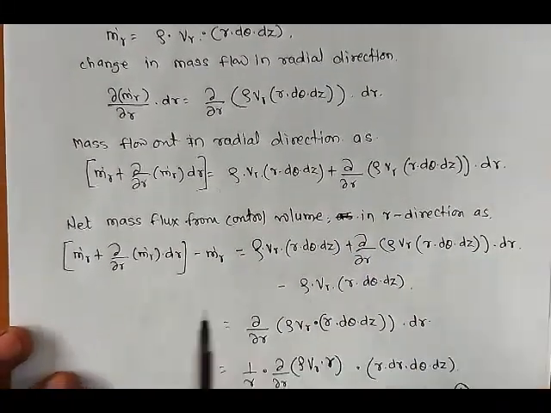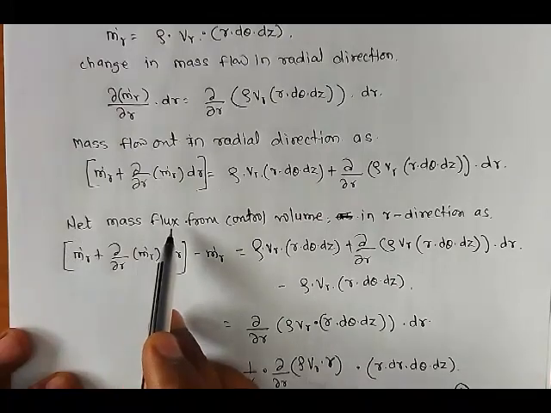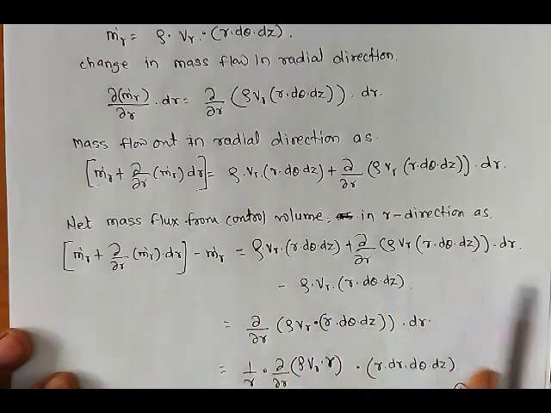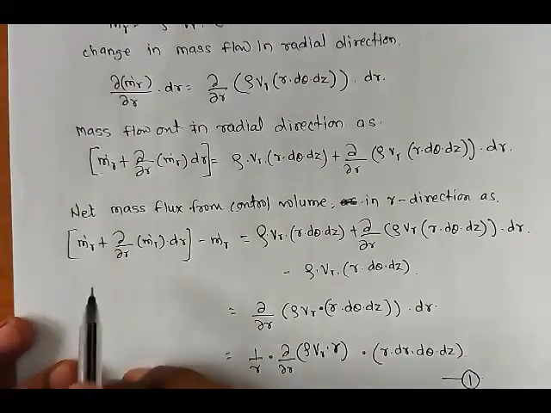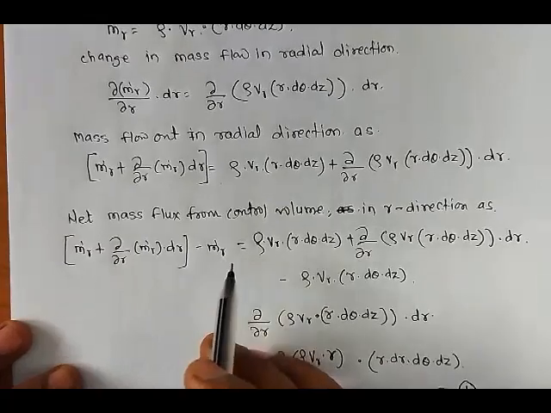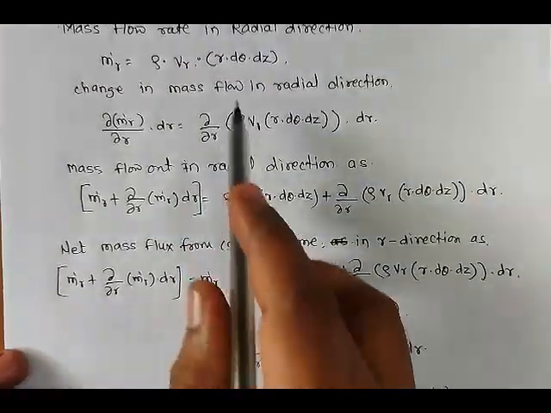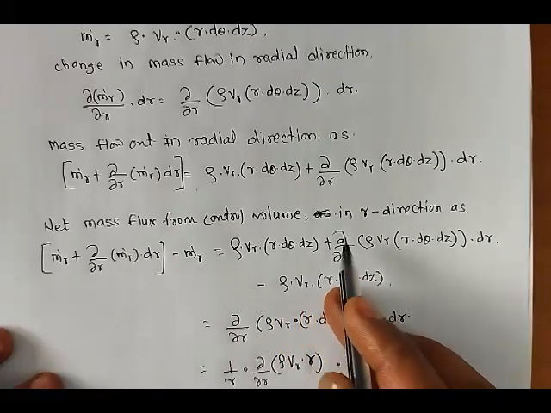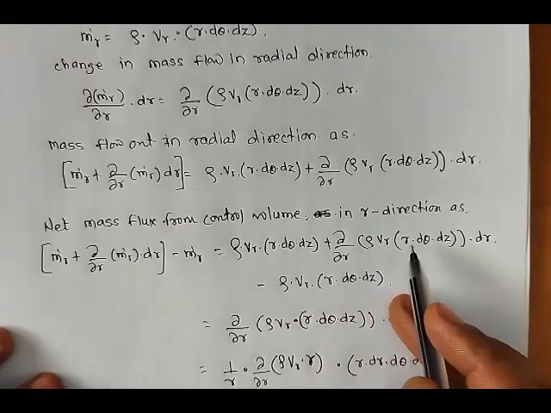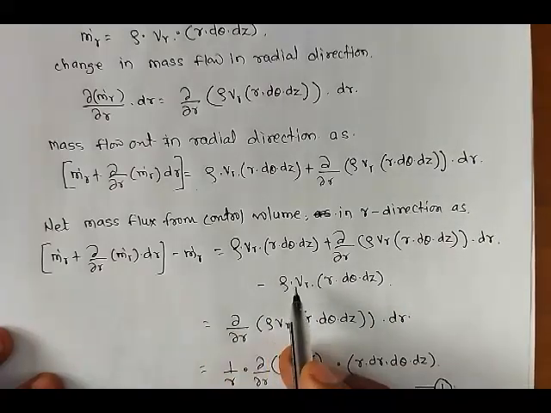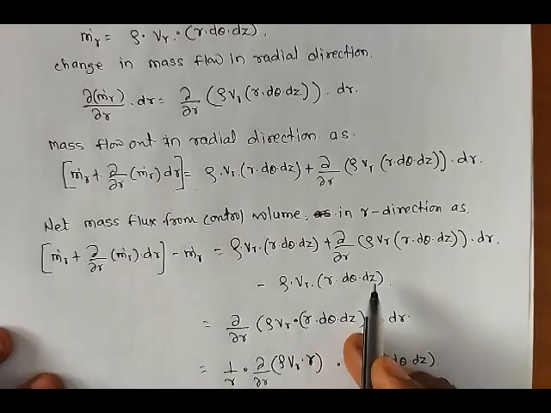Now we need to calculate the net mass flux from the control volume in the radial direction, that means the r direction. This is the outlet mass flow rate minus the inlet mass flow rate. So we substitute values from these equations: rho Vr r d theta dz plus ∂/∂r of (rho Vr r d theta dz) multiplied by dr, minus m dot r, which is rho Vr r d theta dz.